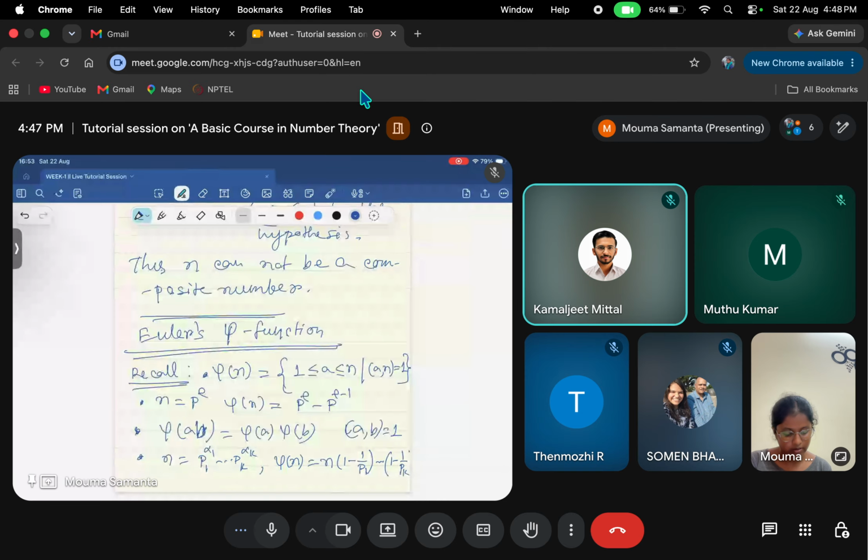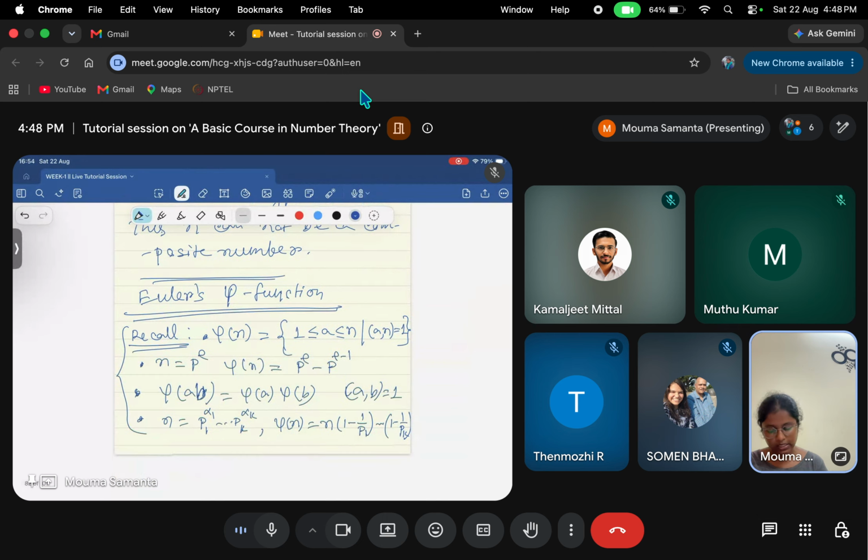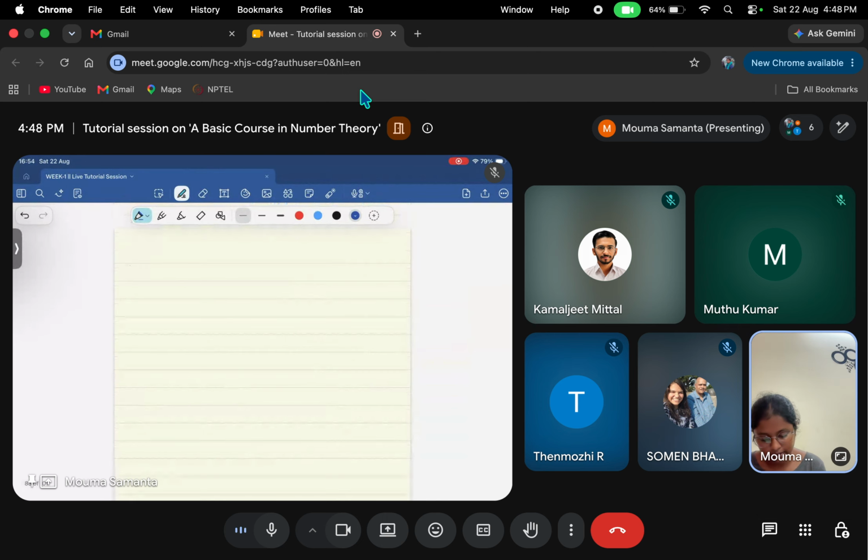So these are the theorems and definitions we have seen in the lectures, and now let's try question number 4. It says, if n is odd, then phi of 2n is exactly phi of n. It is homework, I will solve the next one, and this one will be given to you as homework.